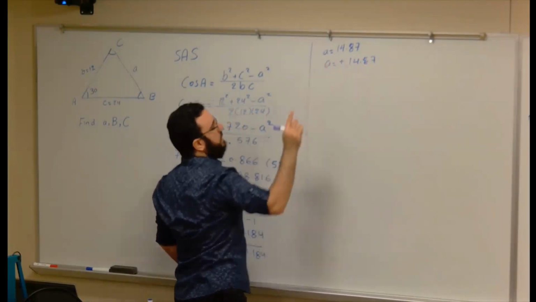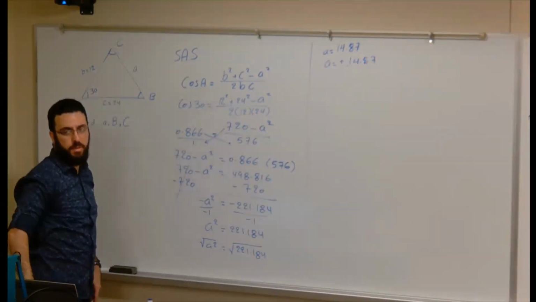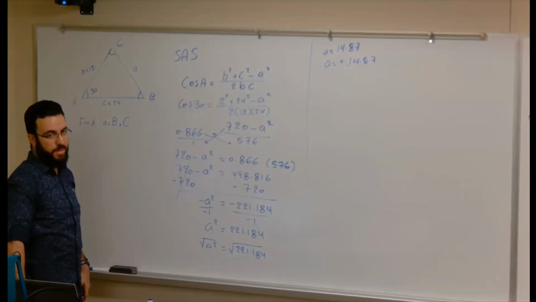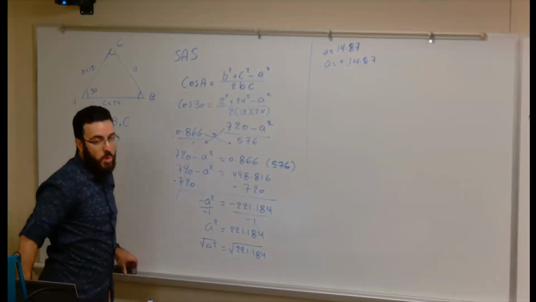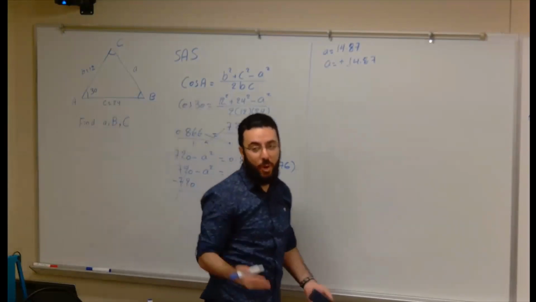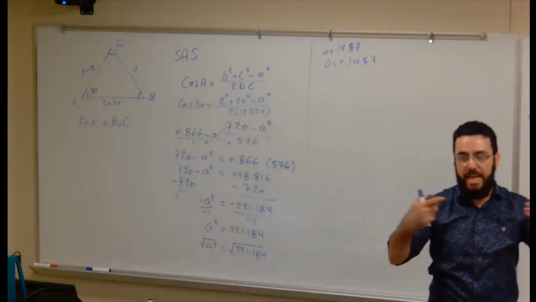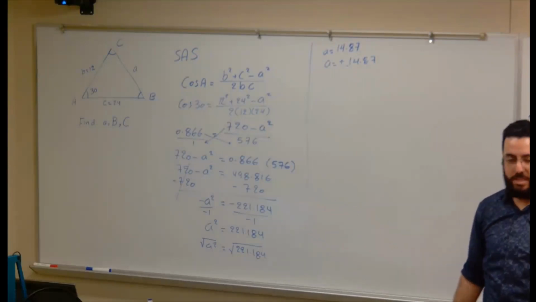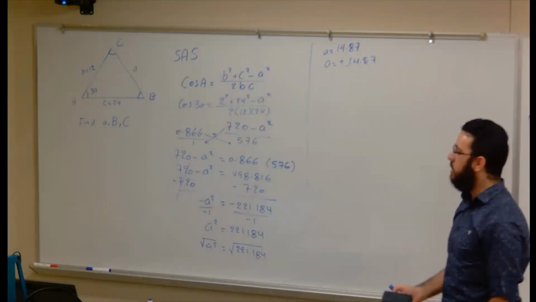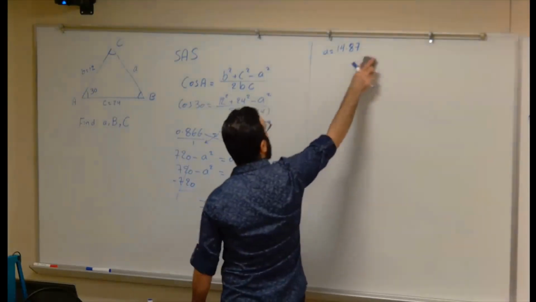Why am I going to cancel the negative? Can you have a negative for a side? No, you can't. Do you have a length for a side with a negative number? It's always positive. So that's why we take the positive one.